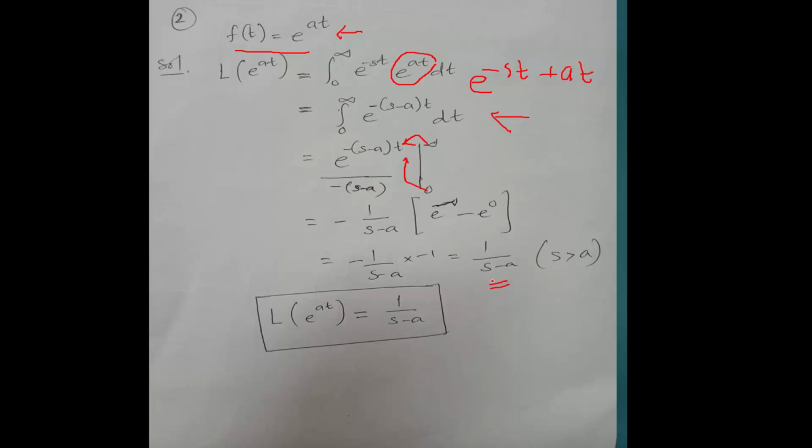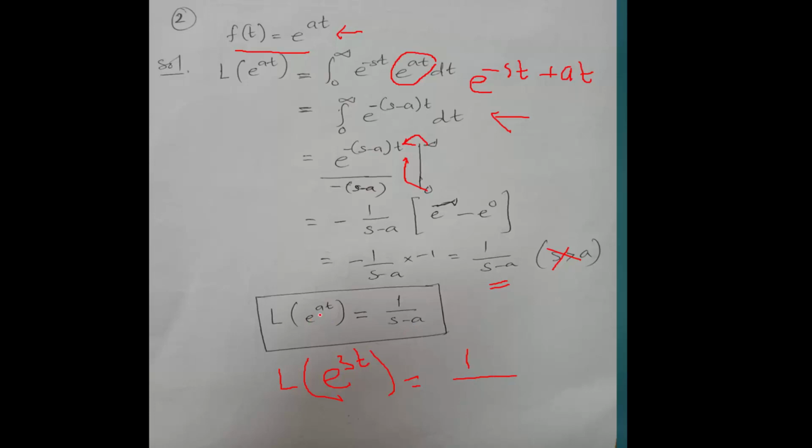Or simply you need to remember this one. If you are not able to understand this, you need to remember that the Laplace transform of an exponential function is going to be 1 divided by s minus a. So if I want to find the Laplace transform of, let's say, e raised to 3t, you can use this formula.